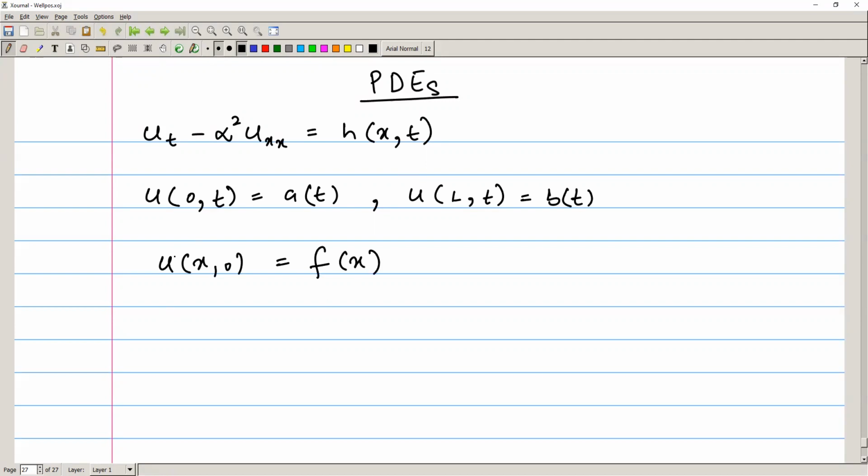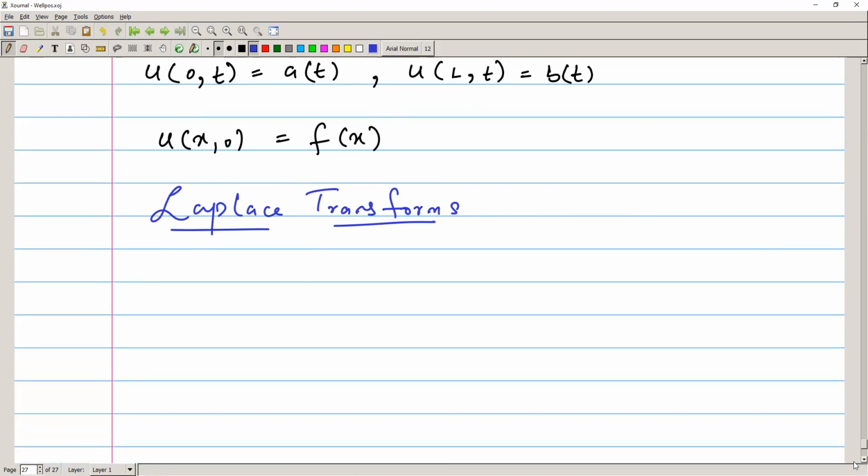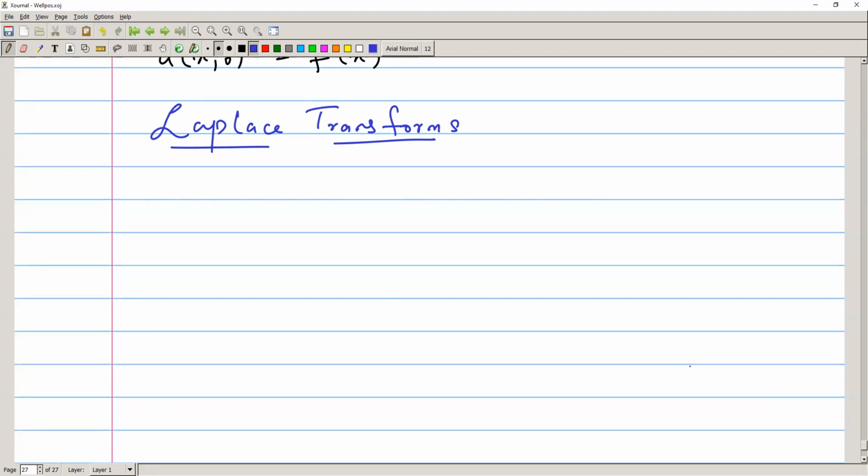So now we are going to use the Laplace transforms for solving non-homogeneous heat equations with time-dependent boundary conditions. So this is a powerful method for the heat equation. So let's take an example.